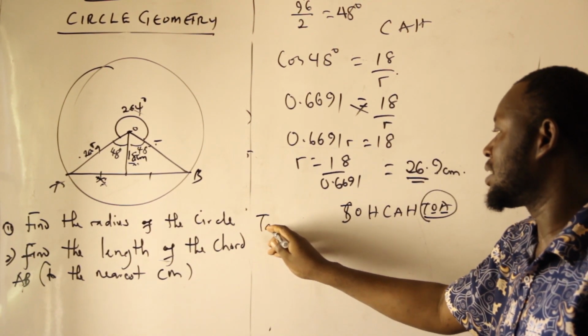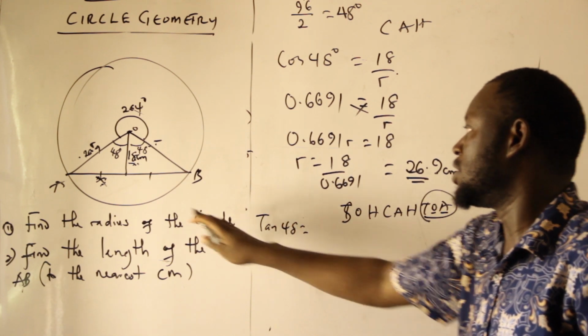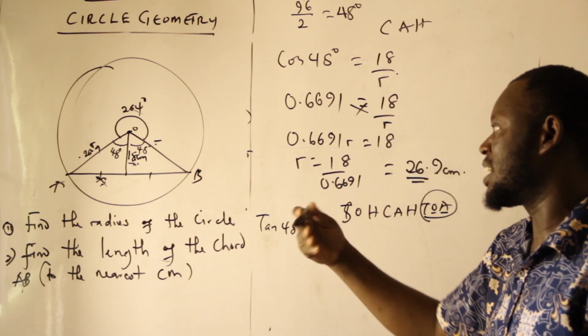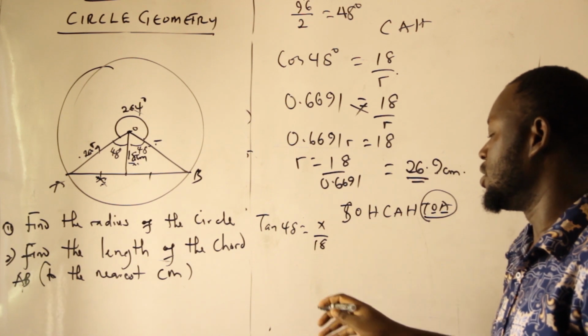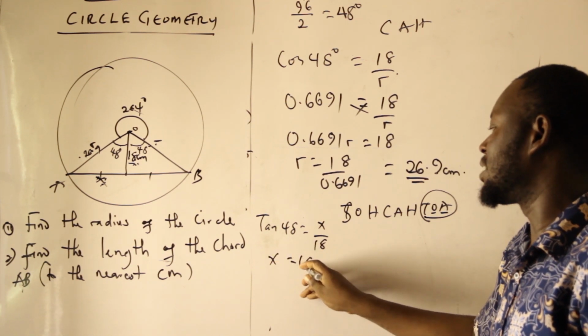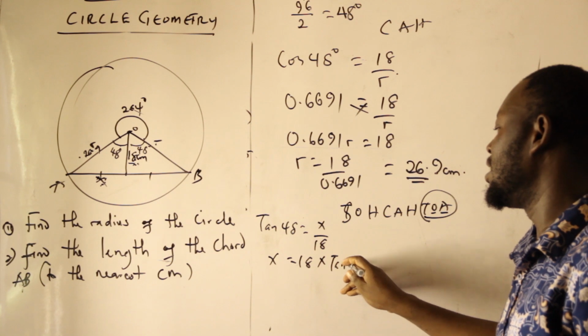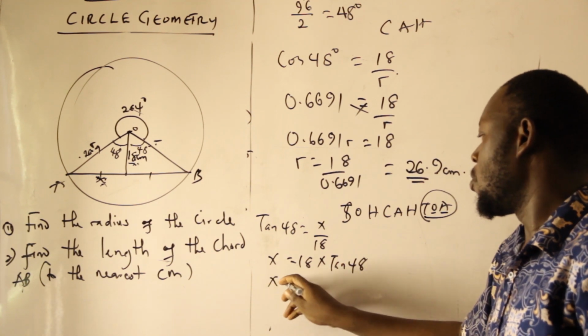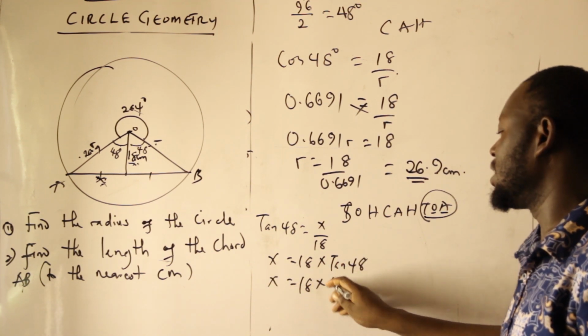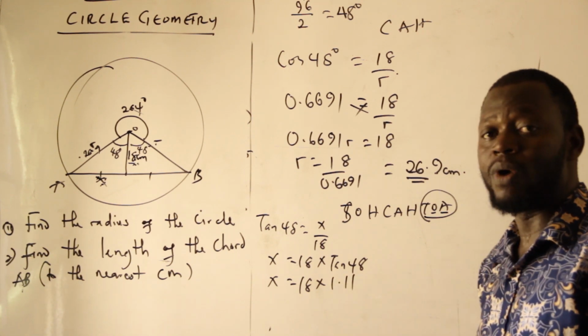So I have tan 48, which is equal to opposite, which is x, against 18. So I have x is equal to 18 multiplied by tan 48. So 18 times tan 48 gave me 1.11.